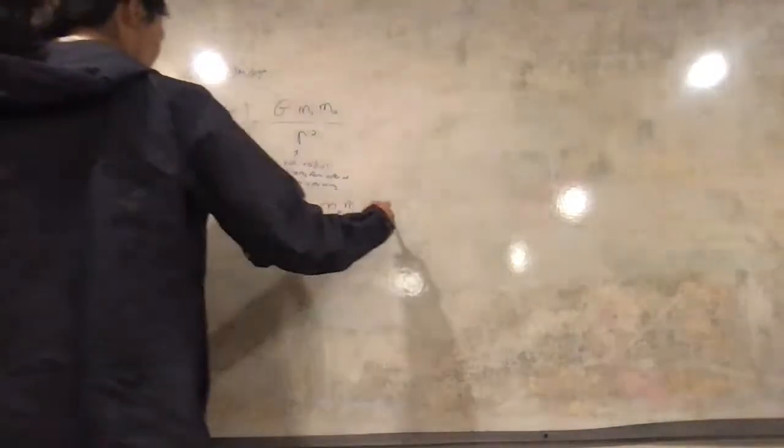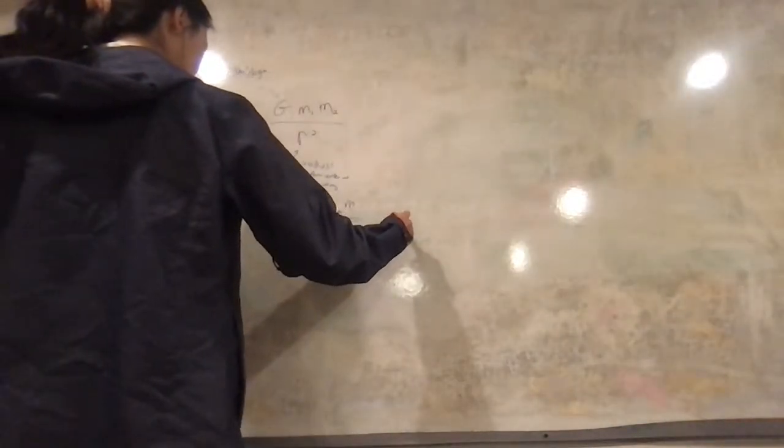So we know the equation weight equals mg. On Earth, we can use g as 10 (or 9.8) downward.